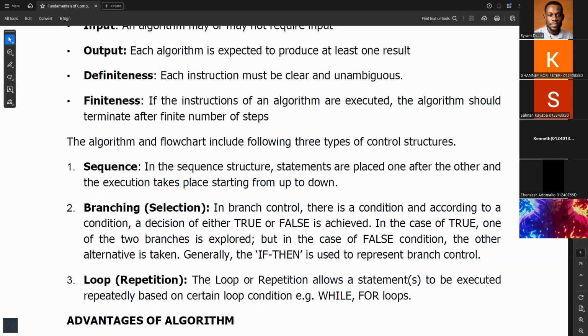Okay, so a typical example can be you want to tell whether a student passed or failed a course. How can we determine whether a student in a computer science class reading fundamentals of computer programming has passed or failed a course? How can we tell?